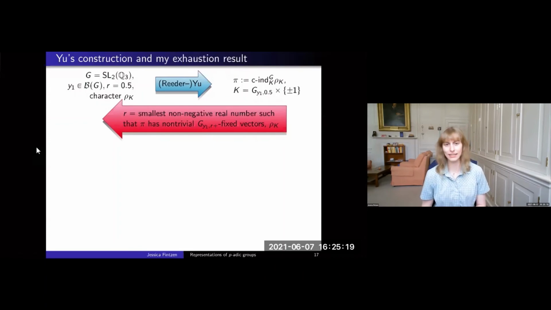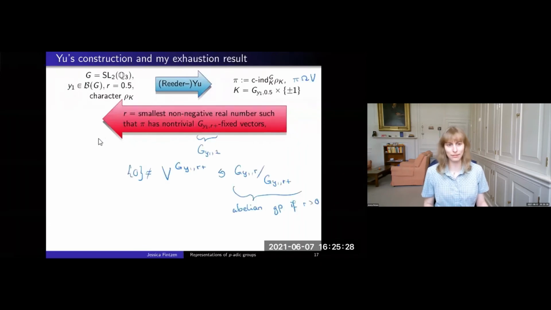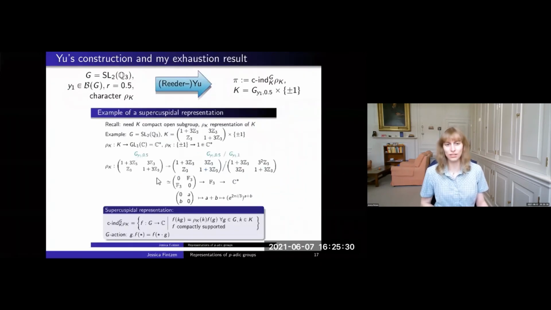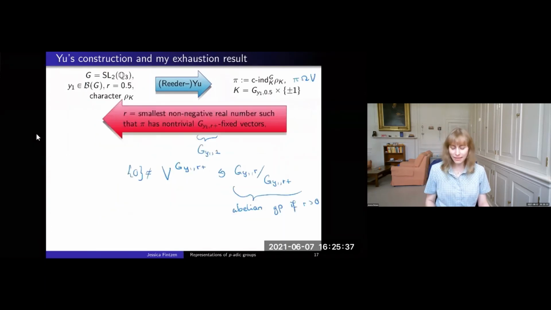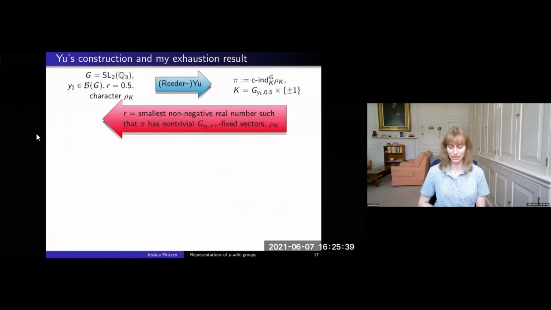But the idea is basically in this easy setting, if we just look at the depths and look at the fixed vectors, it turns out that we actually recover everything because the way we constructed the representation was to just induce from this depth 1/2 filtration subgroup. So we actually obtain all the information. But you're right, this is very specific to the specific example. So let me tell you how it works in general.